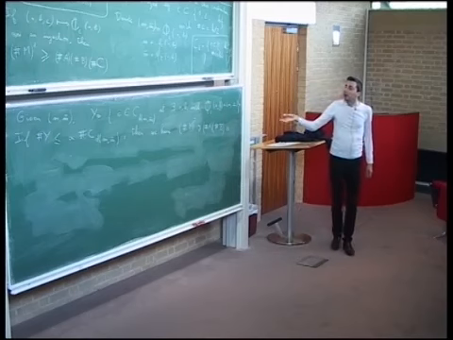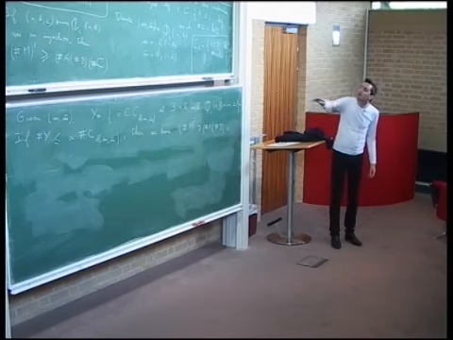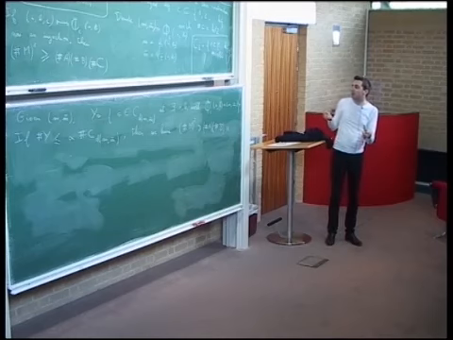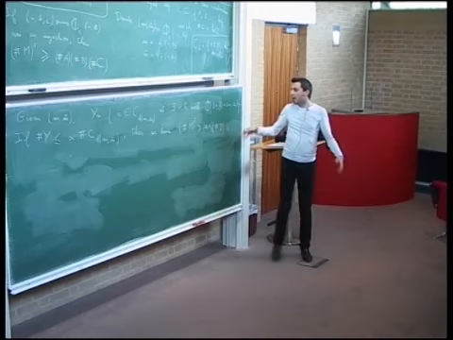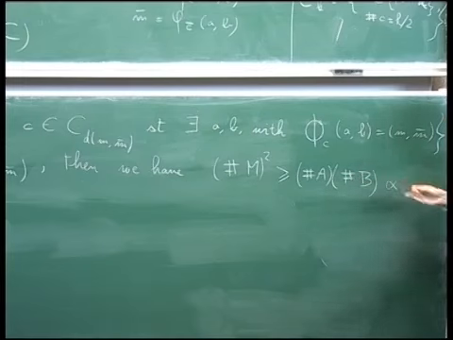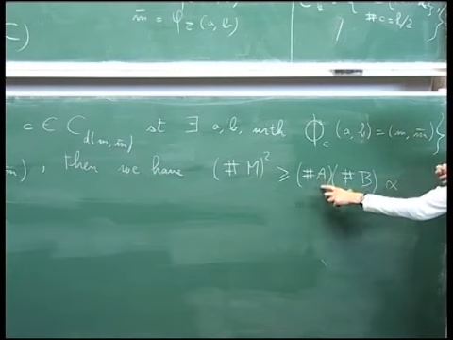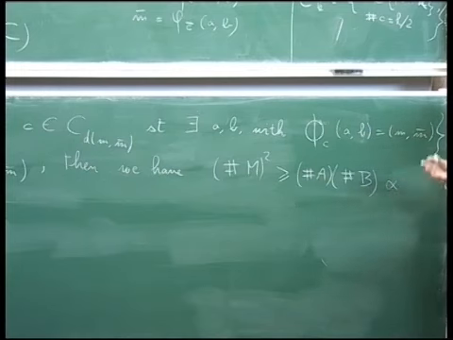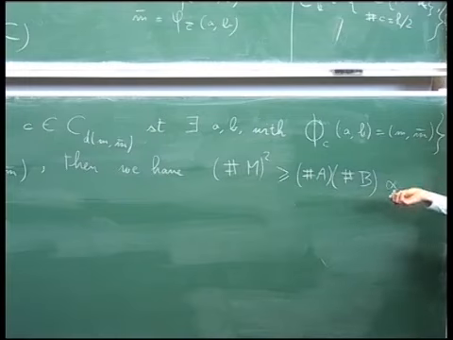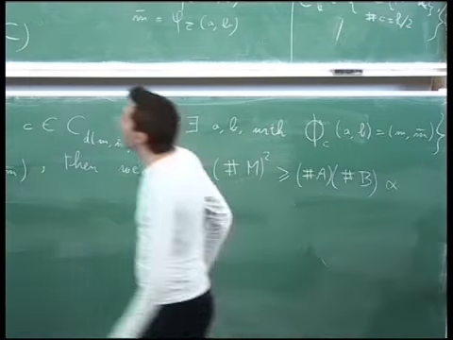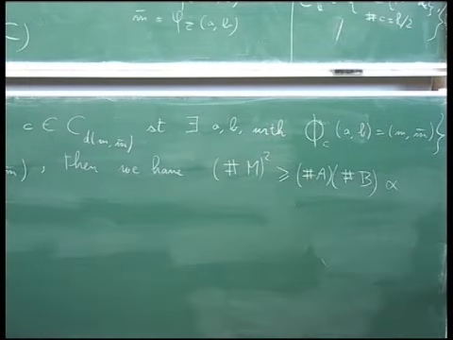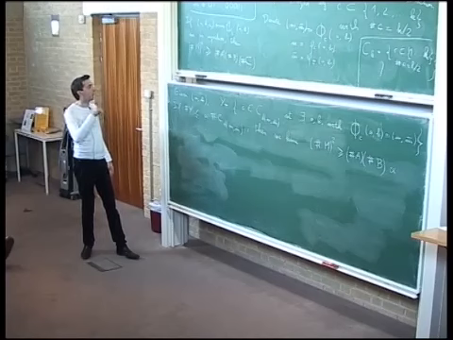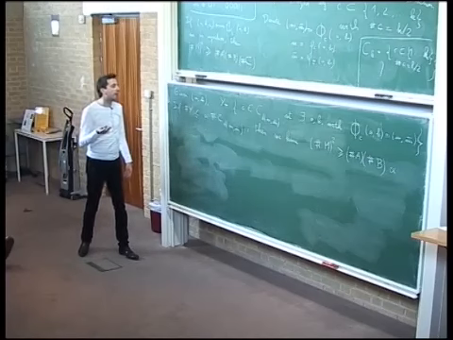And here I neglected that on the left the distance is supposed to be known, and on the right I didn't. You don't know what the distance is, but you just have to decompose according to the distance in each pair and sum the corresponding inequalities, and you get that. So you just sum up over the different values of the distance between A and B or M and M bar.